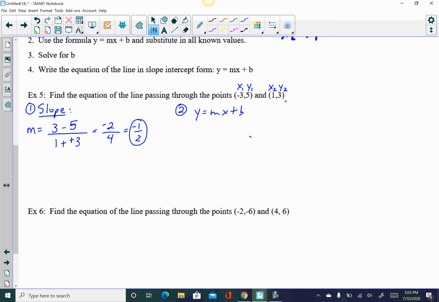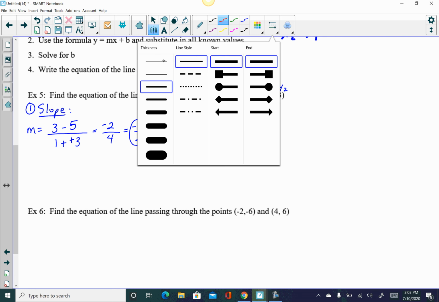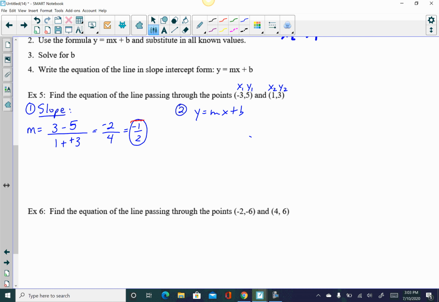That's not legal. You have to pick a point and go with it. So what I'm going to do here is I'm going to box in what I'm going to use. I've got to use the slope. We just calculated that. I've got to use that. I'm going to choose to use the second ordered pair because it has all positive values. You don't have to, but I feel like you'd be less apt to make a mistake with your signs if you use positive values.